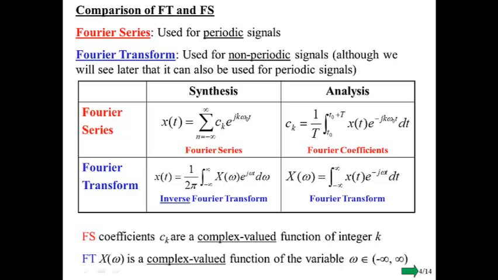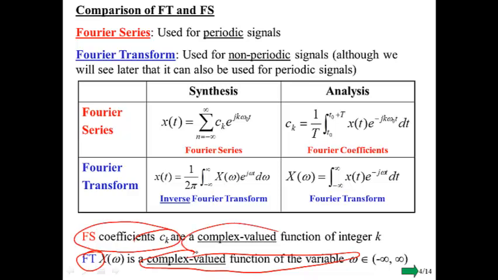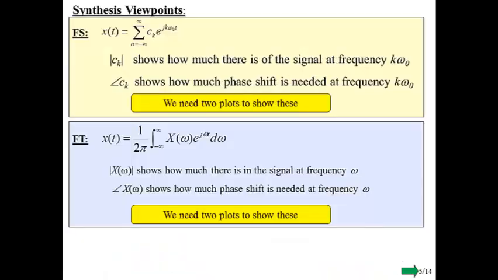So as we said before, the Fourier transform is a complex valued function of omega, just like the Fourier series coefficients were complex valued functions, but there they were a function of k, which took us discretely through the harmonic frequencies that we needed. Again, another view of this: up here we've got the coefficients that are weighting these functions, and we can see the magnitude and the angle give us the amplitude and the phase shift needed.